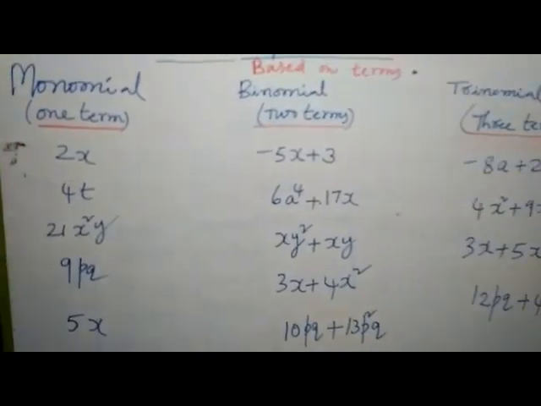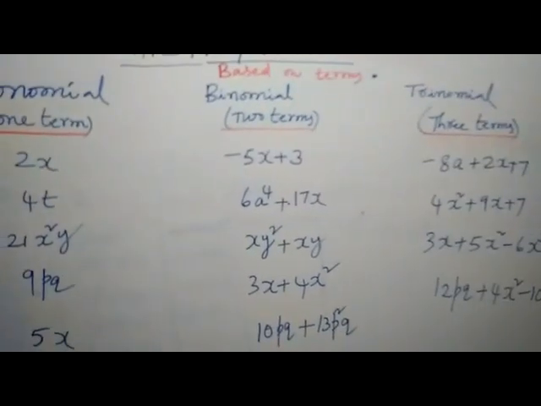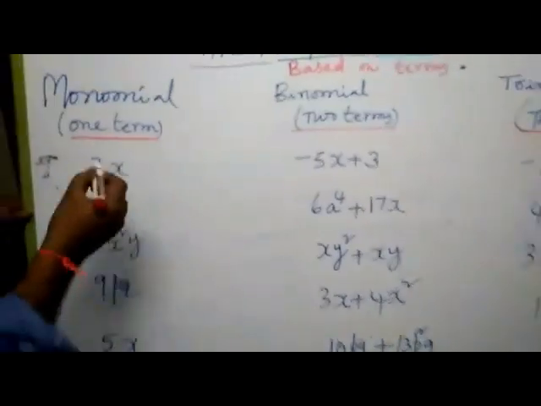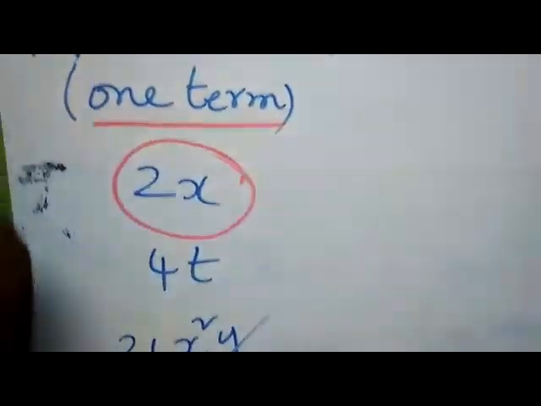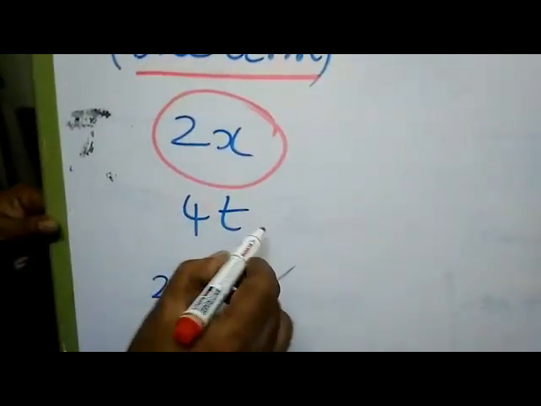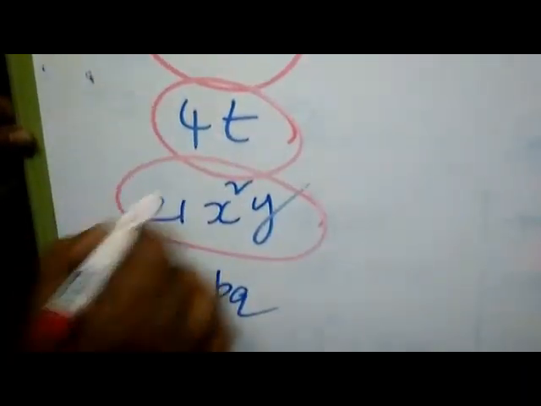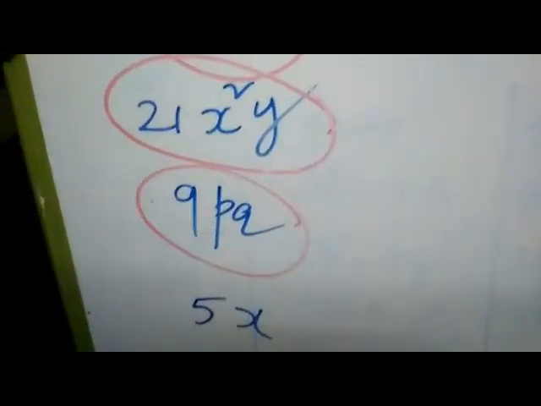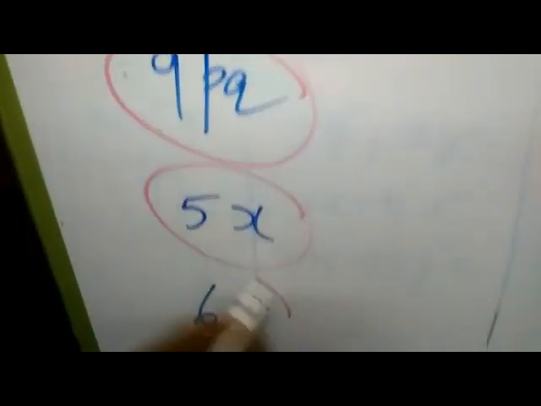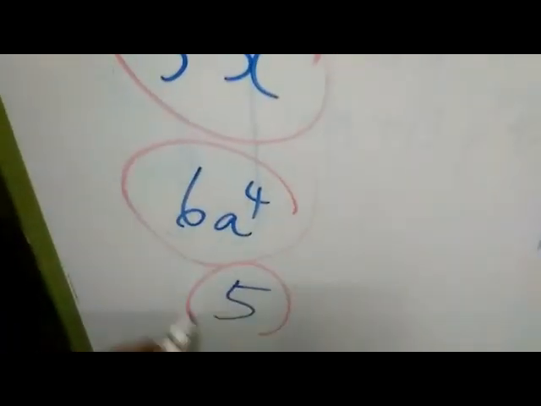If it is three terms, trinomial. So monomial, very easy, no problem. Only one term, that's why 2x is a monomial. 40, one term. 21x square y, one term. 9pq, one term. 5x, one term. 6a to the power of 4, one term. 5 is one term. These are all monomials.